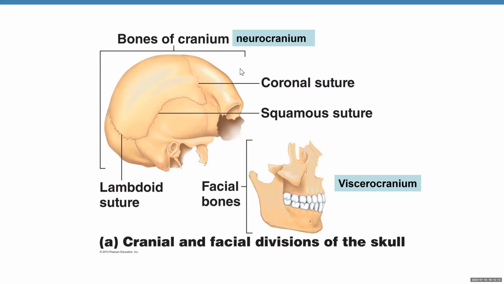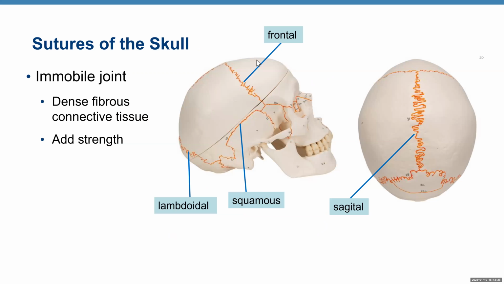Now, if you look at the skull, it's made of bones of the cranium, the neurocranium, and bones of the face, the facial bones, viscerocranium. You see those lines that connect bones of the cranium, the neurocranium, and viscerocranium?